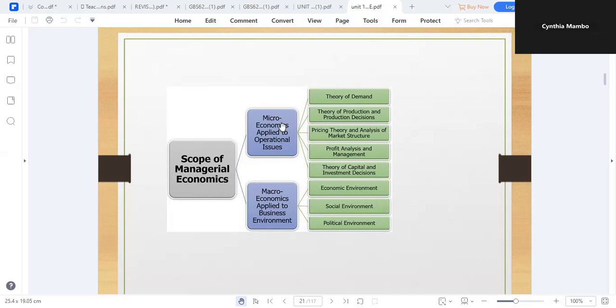The micro will look at the theory of demand, the production theory, the market structures, the profit, the theory of capital investment. It also looks at the economic environment as well as the political environment.